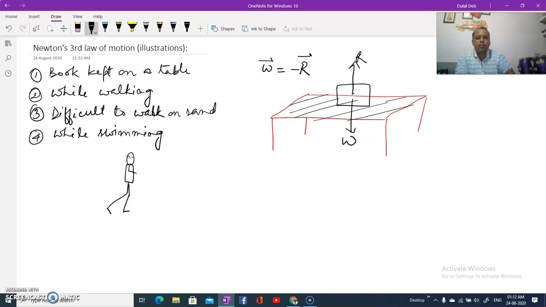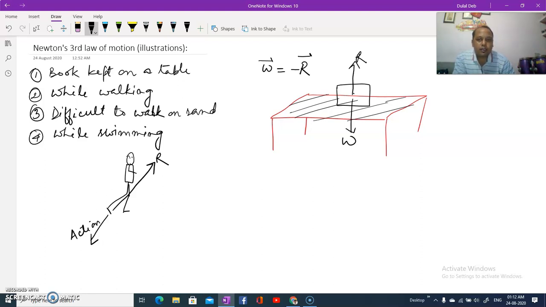Now when the person walks, he applies a force in this direction. So this is the action, and therefore he gets a reaction force in the opposite direction. This is the reaction force.